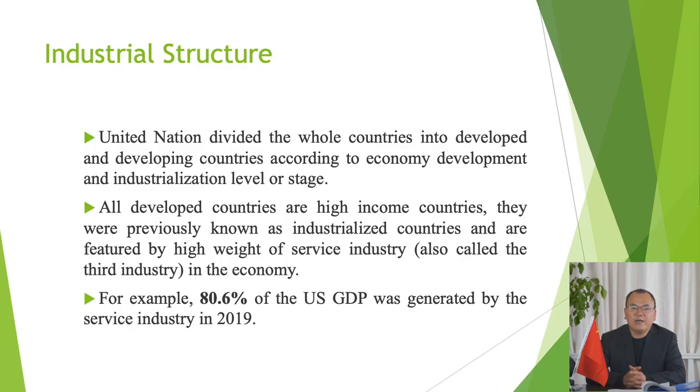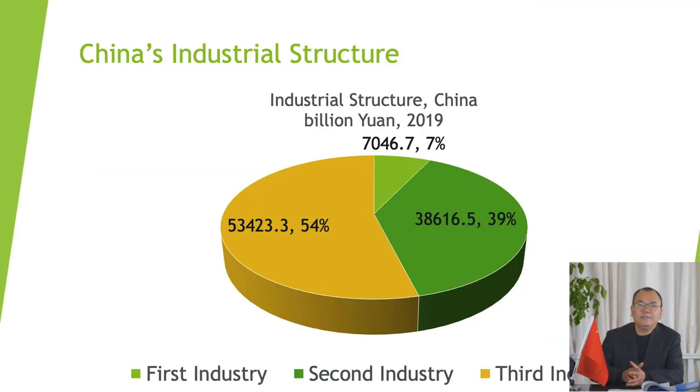The developed countries were previously known as industrialized countries. And today, after the information revolution, these countries have a high weight of service industry in their economy. For example, 80% of the US GDP was generated by the service industry in 2019. Then how about China? This is the year 2019.